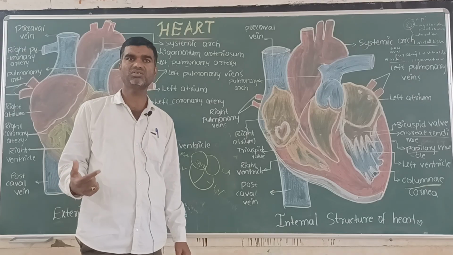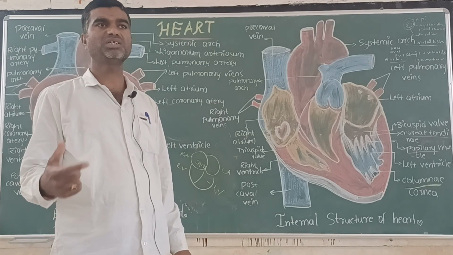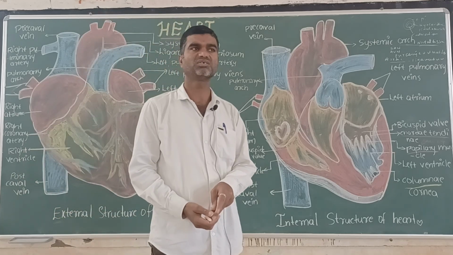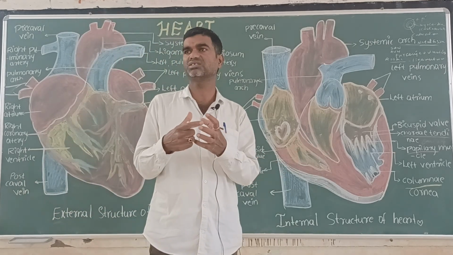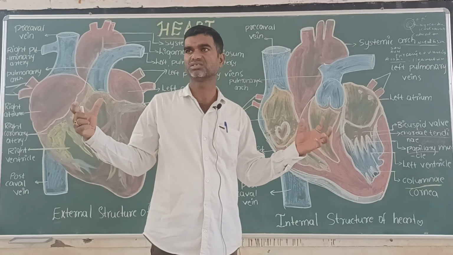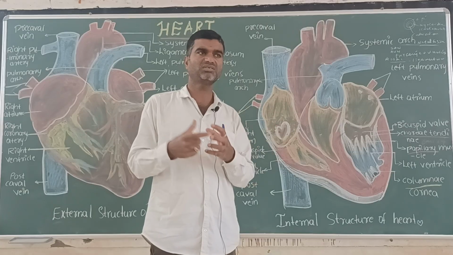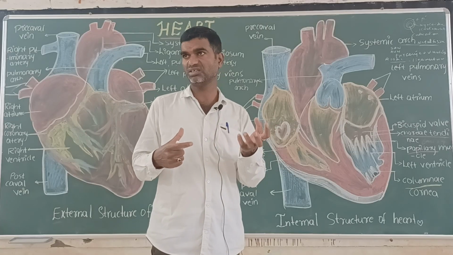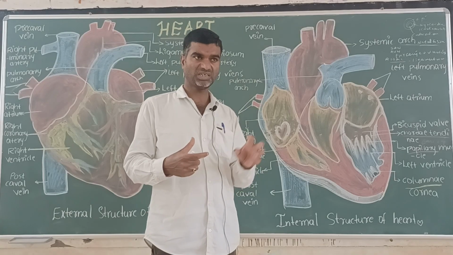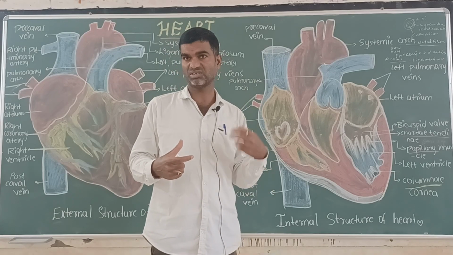The sinoatrial node is commonly called a pacemaker. Why is it called a pacemaker? When the atria contract or the ventricles relax, the blood is pumping from atria to the ventricle. When it is flowing, the first sound comes, called lub, and again a second sound comes, called dub.